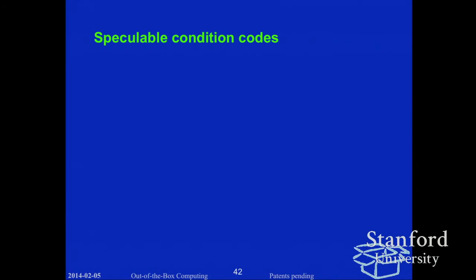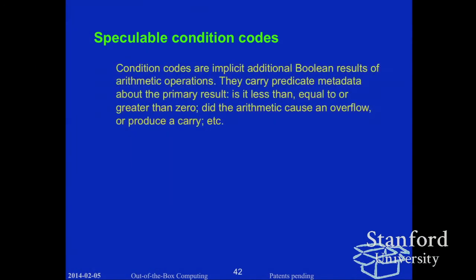The Mill is very big on speculation, making use of all of its width. You just need to be able to collect the predicate metadata of was this greater than or less than 0 or what have you, and save it somewhere where somebody can use it without actually saving it globally.